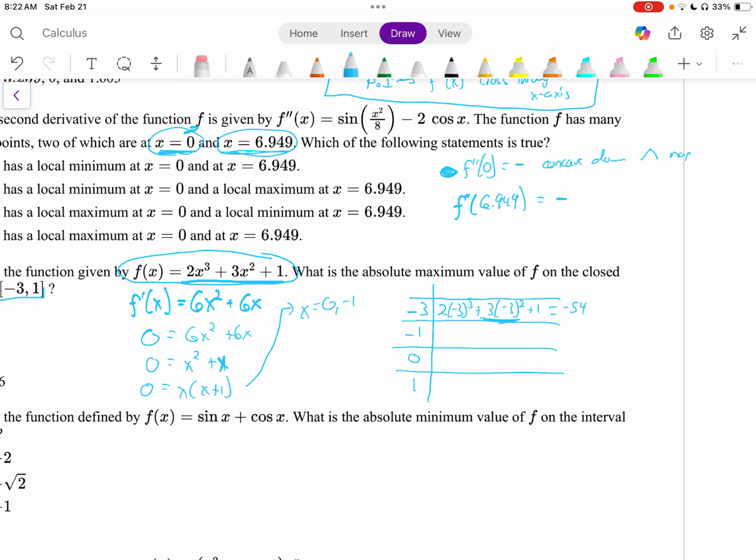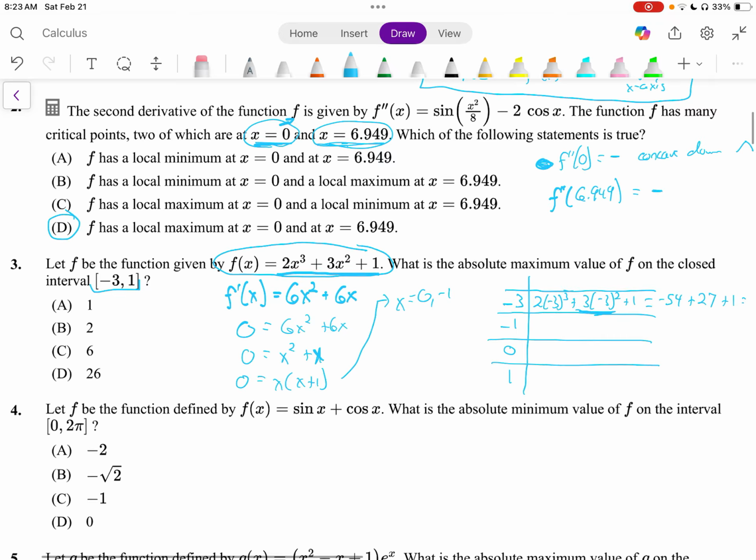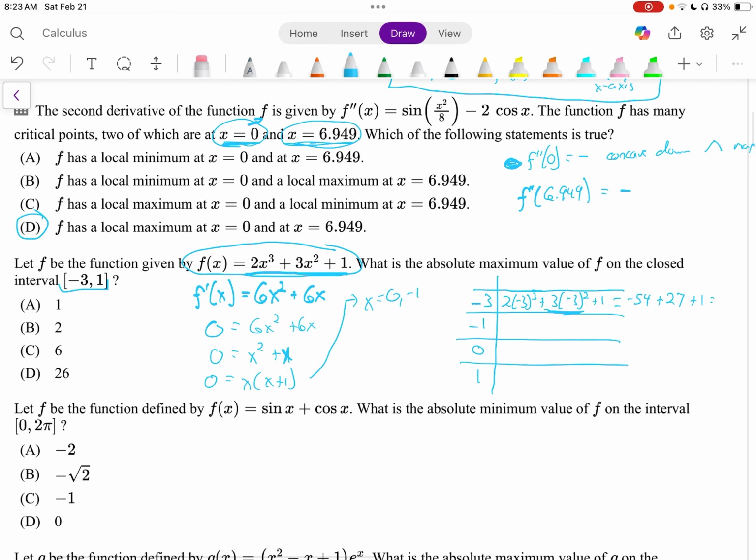Middle term, -3 squared is 9, times 3 is 27, plus 1. That's going to be negative something, and we can find it: negative 26. So not that.